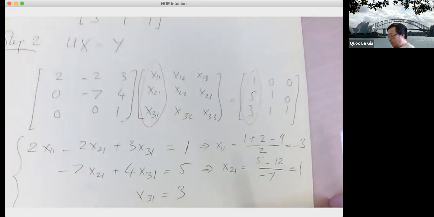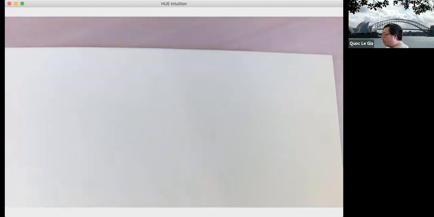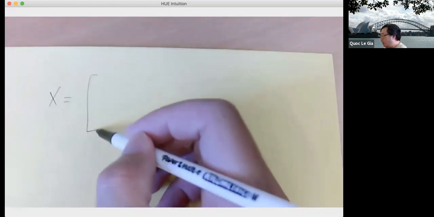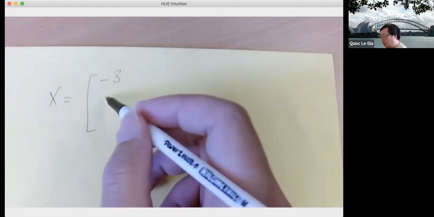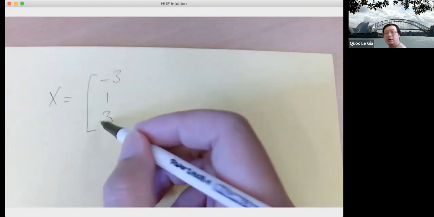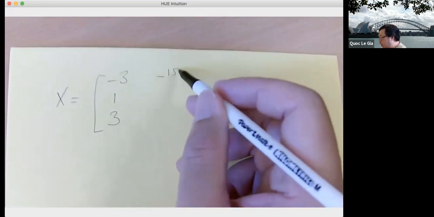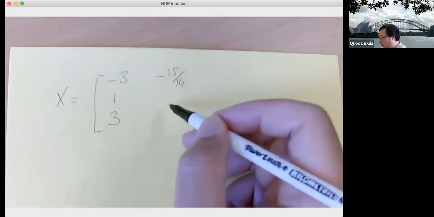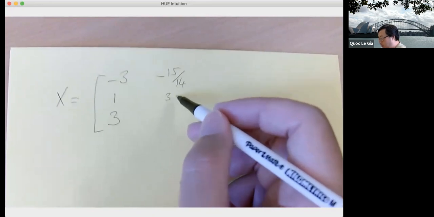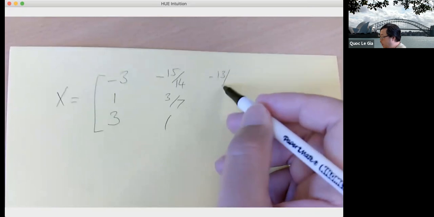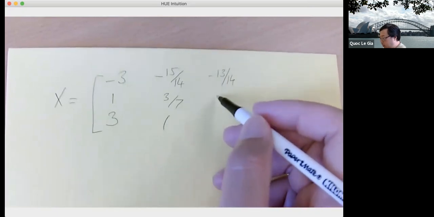The first column of the matrix X will be minus 3, 1, and 3. And if you use the same technique, you can get the other entries of the matrix X as well.